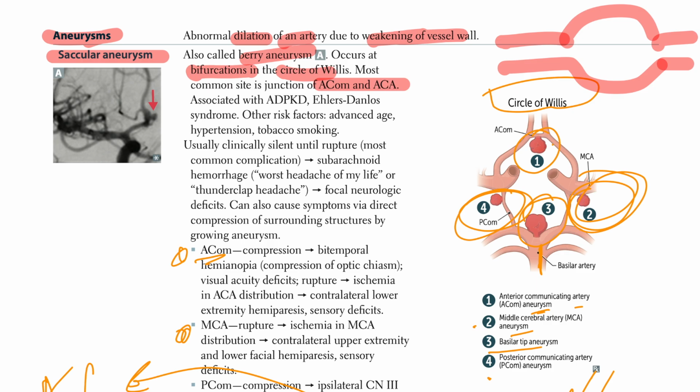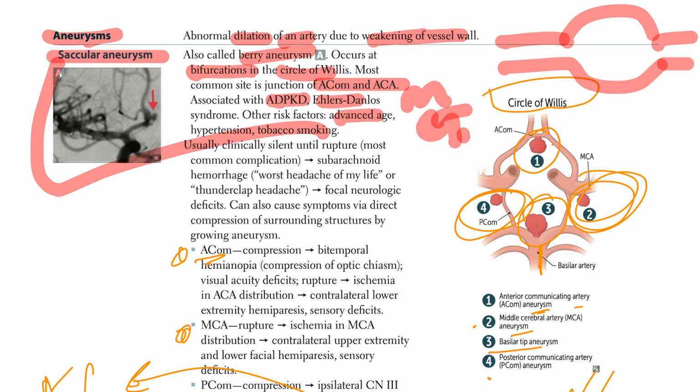And it is associated with ADPKD, Ehlers-Danlos, Marfan syndrome, connective tissue disorders, and aortic coarctation, or coarctation of the aorta. Okay, other risk factors for saccular aneurysms are advanced age, hypertension, tobacco smoking.